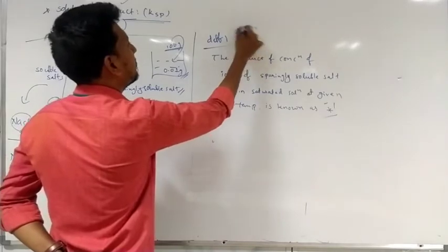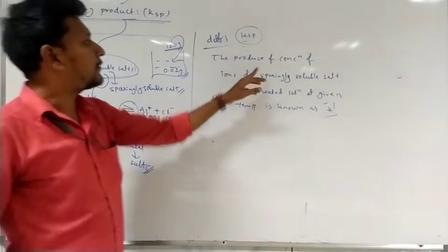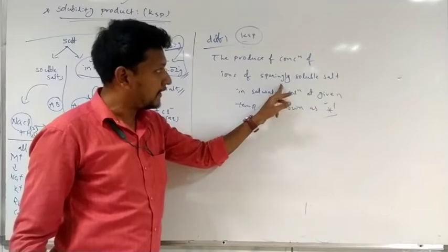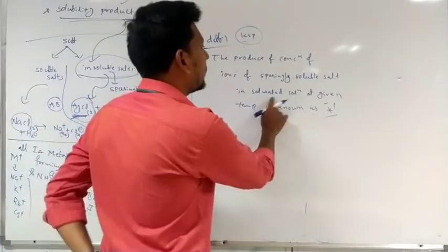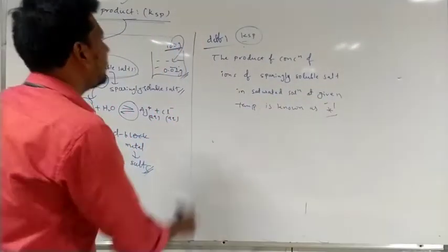KSP means solubility product. The product of concentration of ions of sparingly soluble salts in saturated solution at given temperature is known as the solubility product.